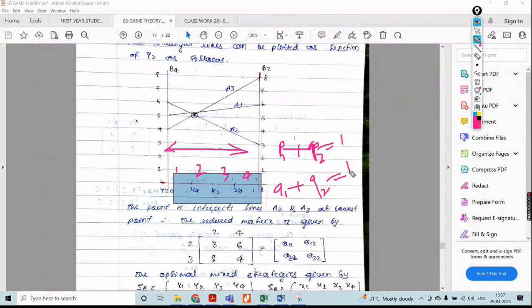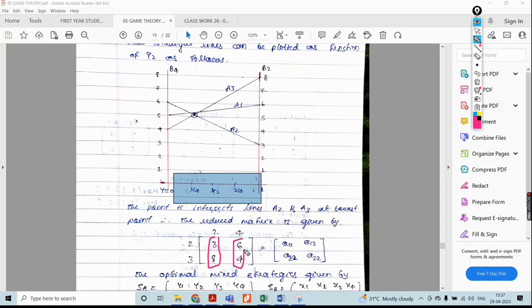That is the reason. Then once you got the intersection point, consider the respective row and column elements: 3, 6, then 8, 4. You got A11, A12, A21, A22.